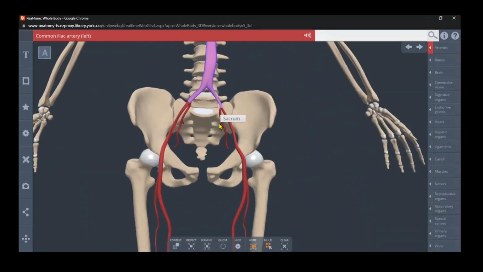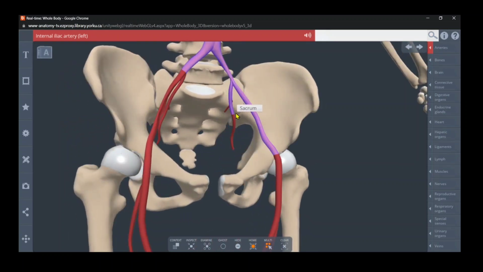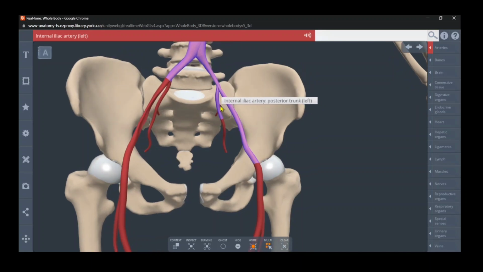Then as we move down towards the sacral region, we're going to see the external iliac and internal iliac artery coming from the common iliac artery. The common iliac artery, like I said, gives off branches of internal iliac, right here.